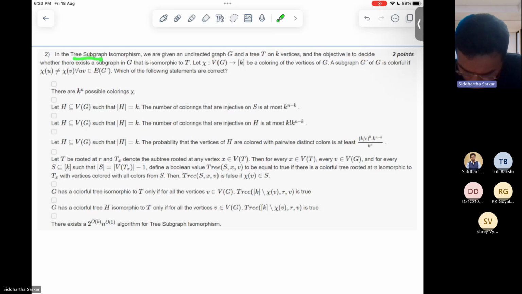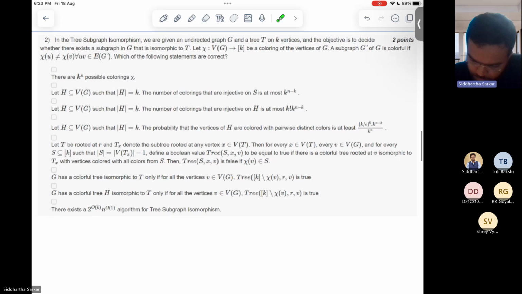So in the tree subgraph isomorphism problem, we are given an undirected graph G, a tree T on k vertices, and the objective is to decide whether there exists a subgraph in G that is isomorphic to T. Okay, so let us understand what this means.